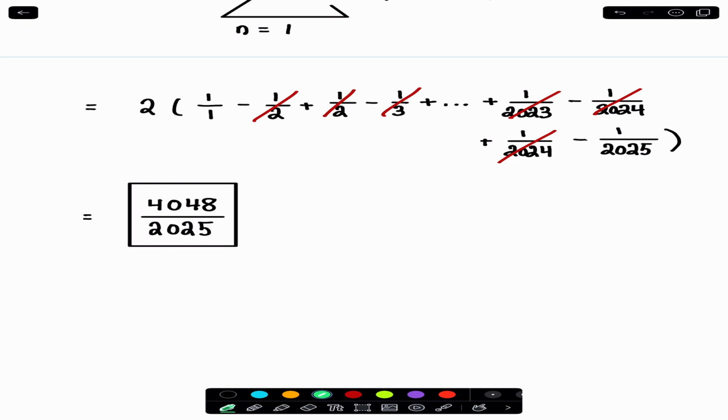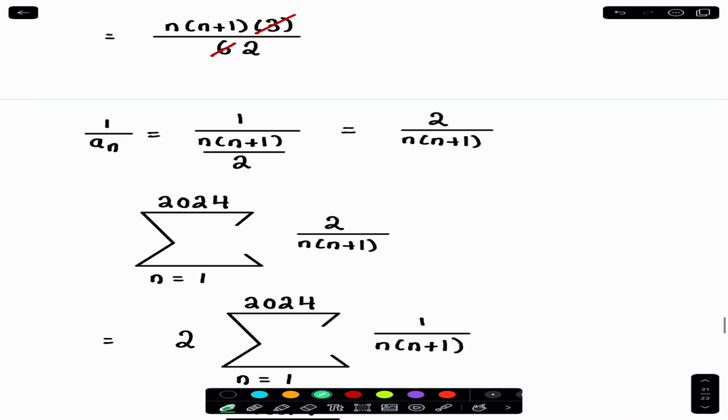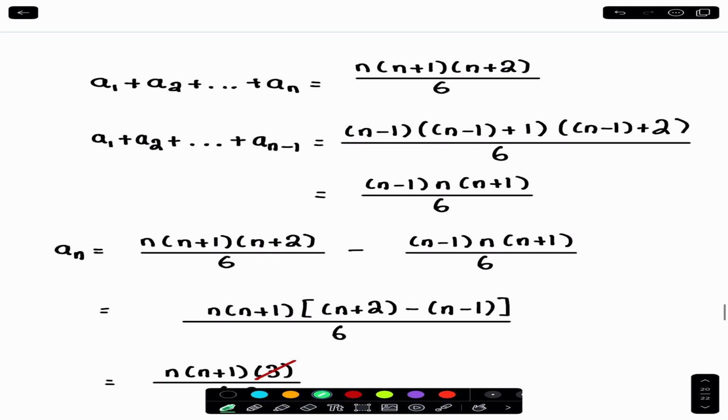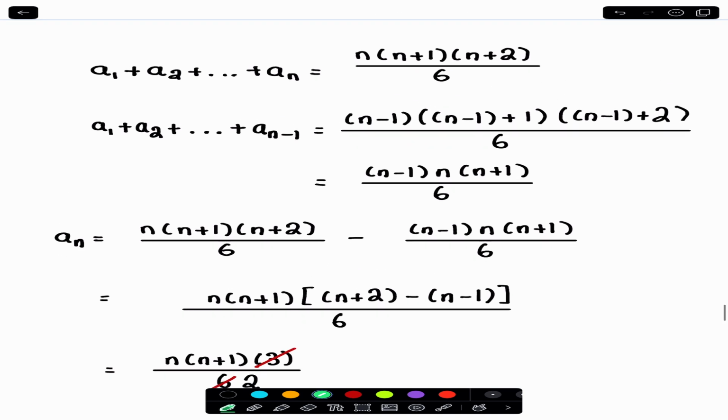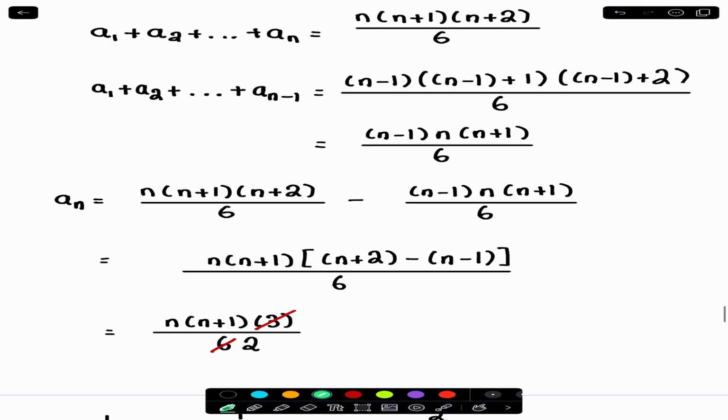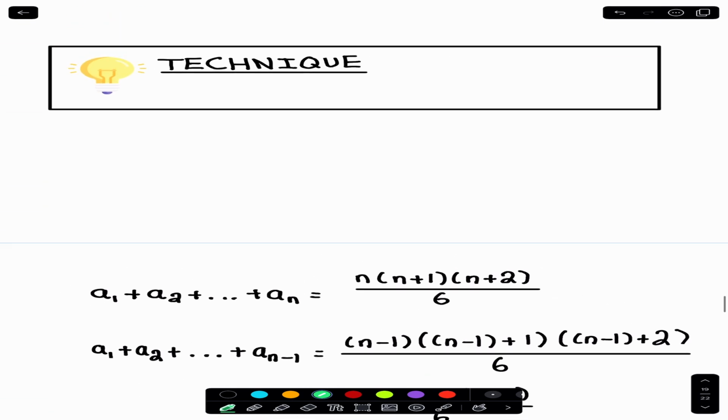So if we go back and look at our work, what did we do? Well, I would say this first step was very important, finding a general formula for an. So that's what we did.